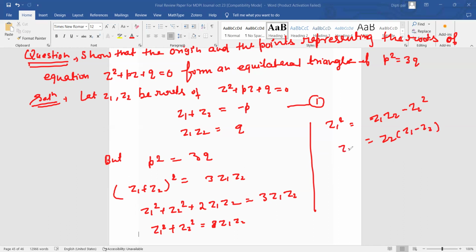So it means we obtain that Z1 square by Z2 will be equal to Z1 minus Z2. So if we take the modulus, the modulus of Z1 minus Z2 will be the modulus of Z1 square by Z2.